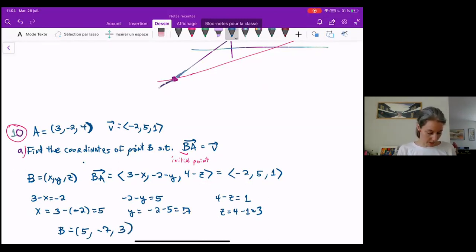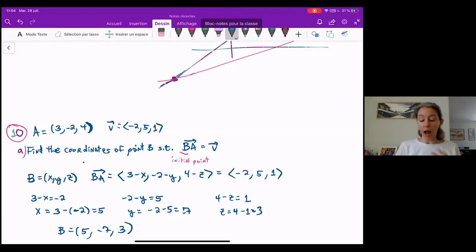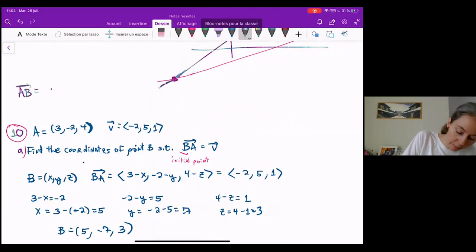So the thing that I know is, if I want the vector between 2 points, I'm always doing the B component minus A component.